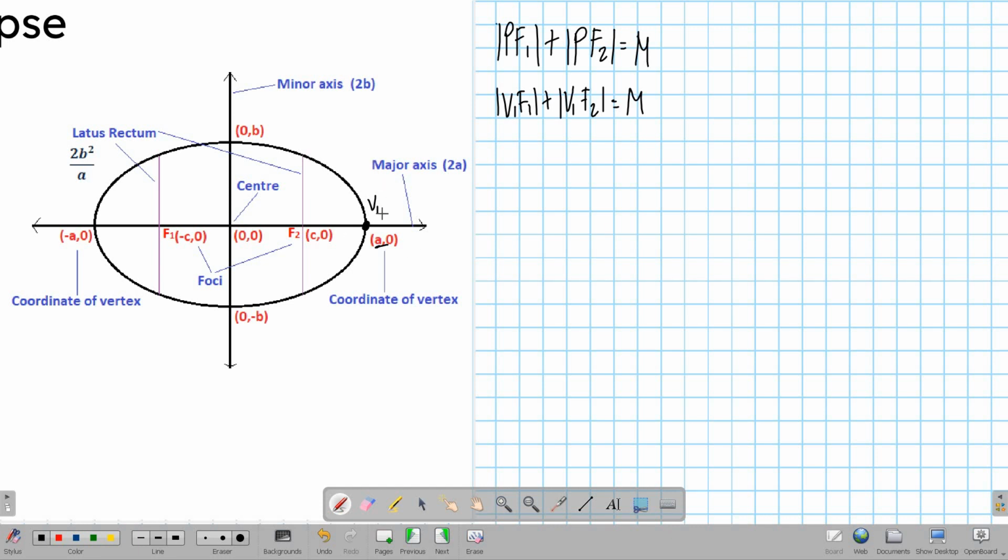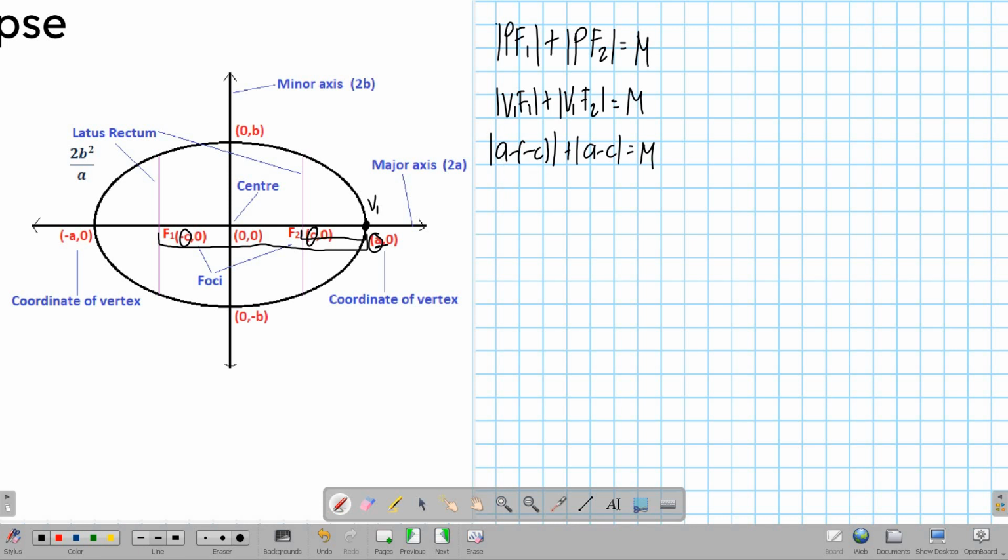It's easier to compute that distance. If we ask what is the distance between V sub 1 and F sub 1, all we need to do is subtract the abscissas. We get a minus -c. If I do the same to find the distance between V sub 1 and F sub 2, I subtract the abscissas again. That's a minus c. Let's simplify by removing the double negative and the absolute value since we're just concerned about distance.